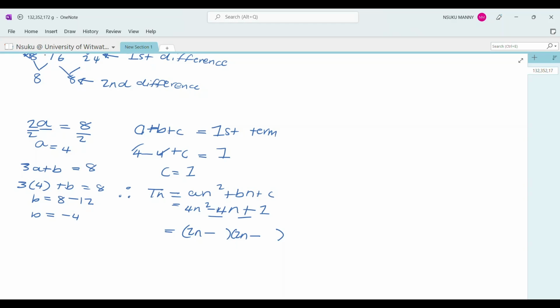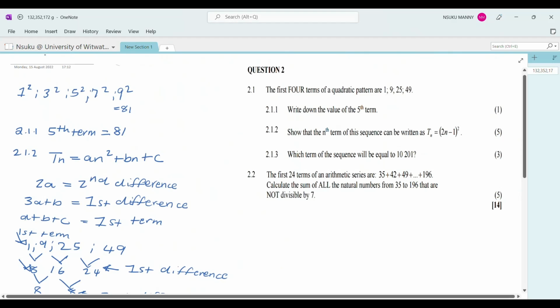So we're going to put minus there, and now we're going to look at all the factors of 1 that if we multiply together are going to give us 1. So that's 1 and obviously 1. So now we have these patterns that are the same. We can just write them like this, squared, which is basically what they wanted us to find. So that's your full 5 marks right there.